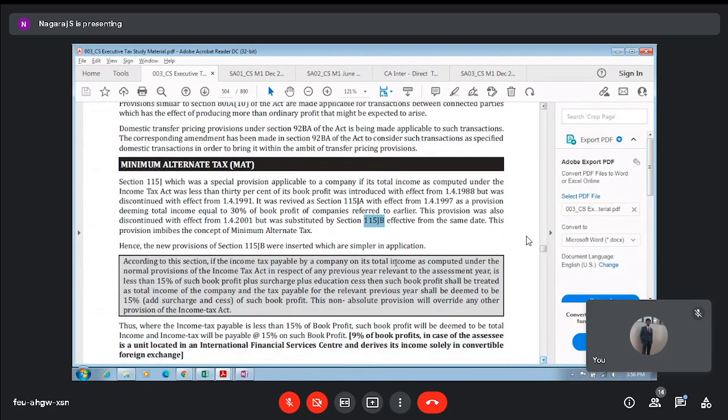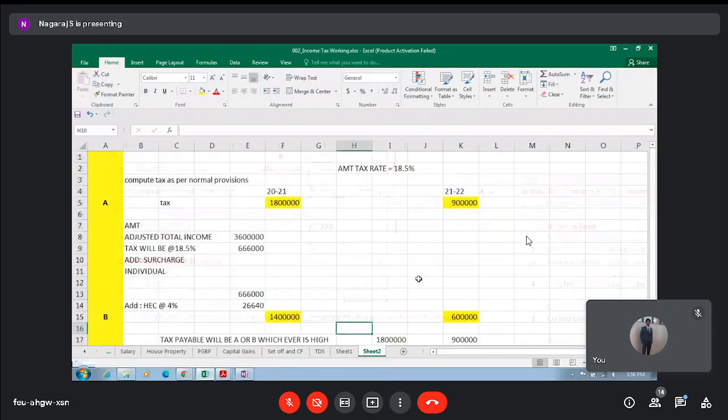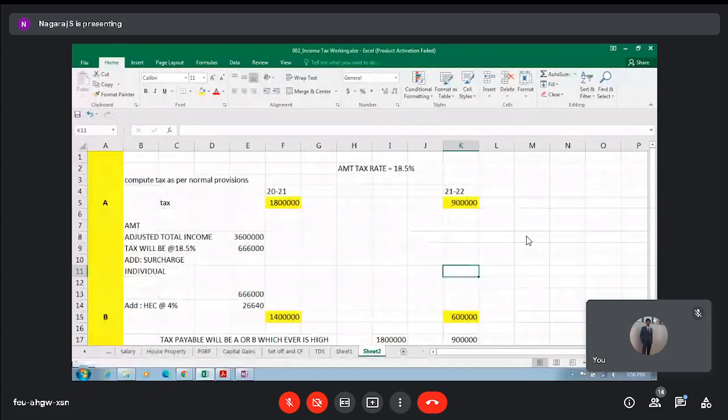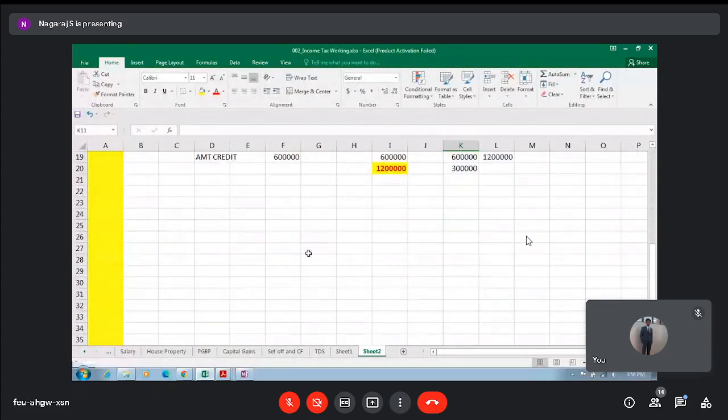The provision of 115JB is 15% of book profit plus surcharge plus education cess, which you need to apply. What does it mean? Some net profit will be given.